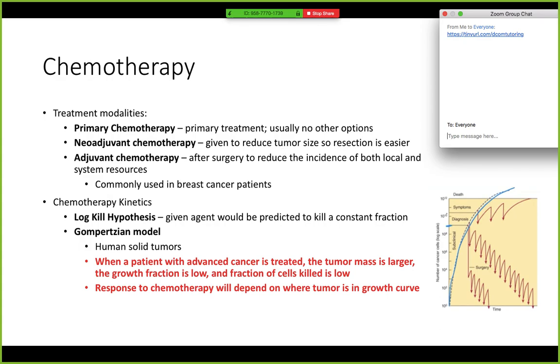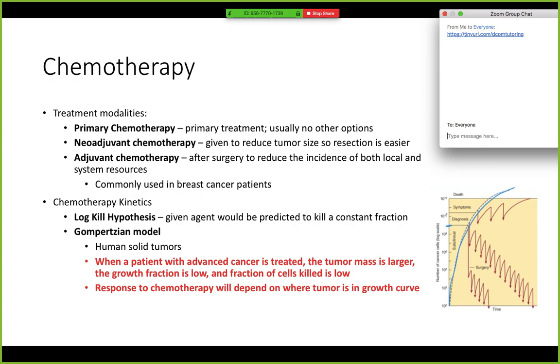That way your tumor resection is easier. And then you also have adjuvant chemotherapy, which is used after surgery to reduce the incidence of both local and systemic recurrence. So this is commonly used in breast cancer patients.